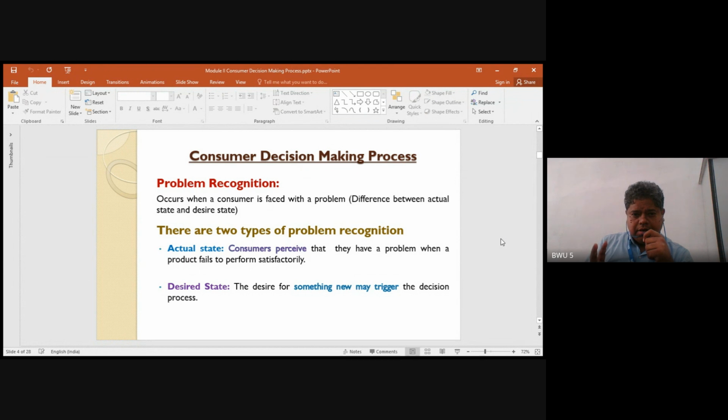There are generally two types of problem recognition: actual state and desired state. Actual state is when consumers perceive that they have a problem because a particular product is not able to perform as per the expectation.